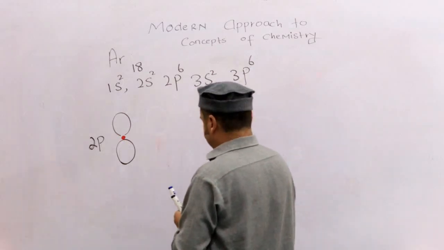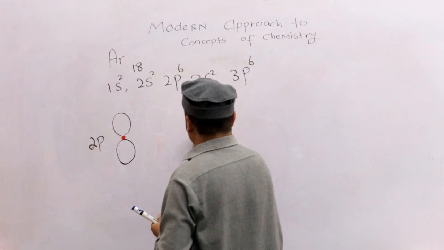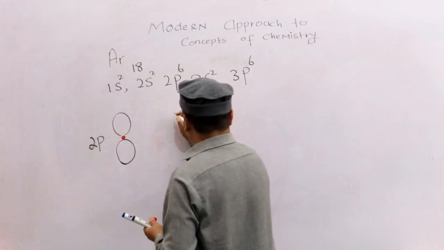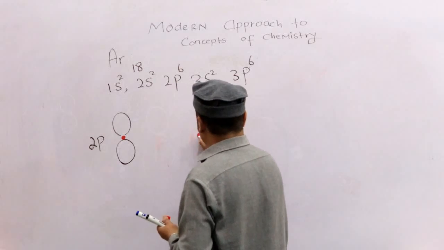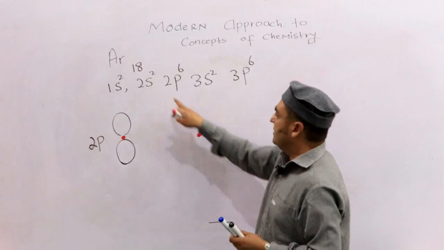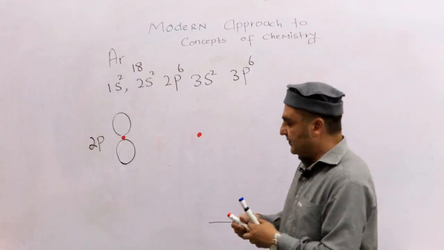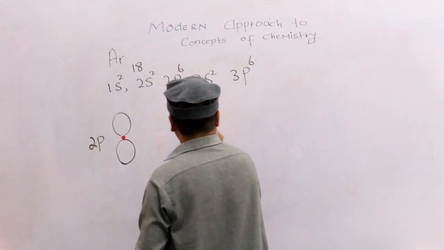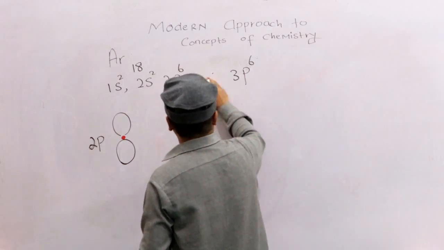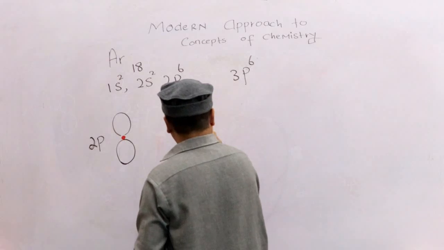Okay, suppose this one is the nucleus, the red dot. Let's say this red dot is 18 protons. And now what is there? 3s2. Let me erase this.